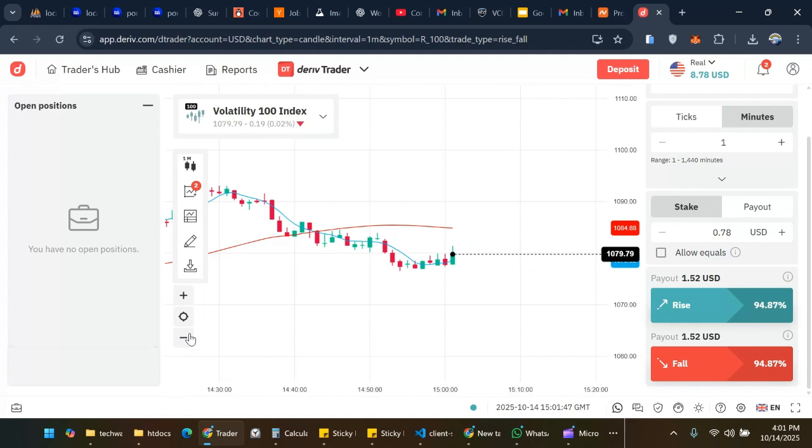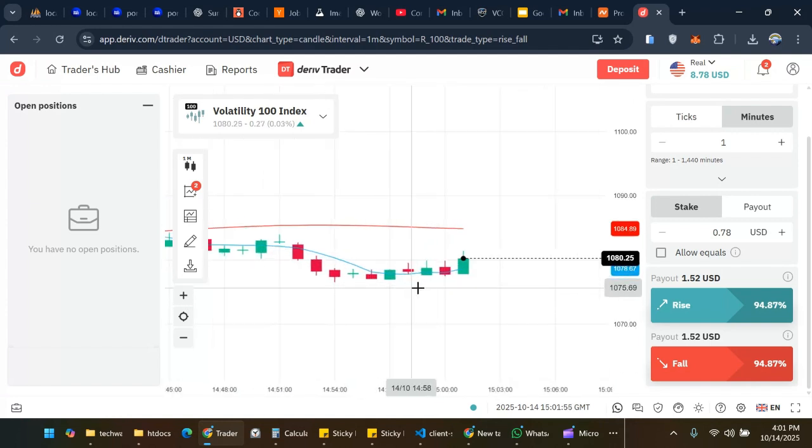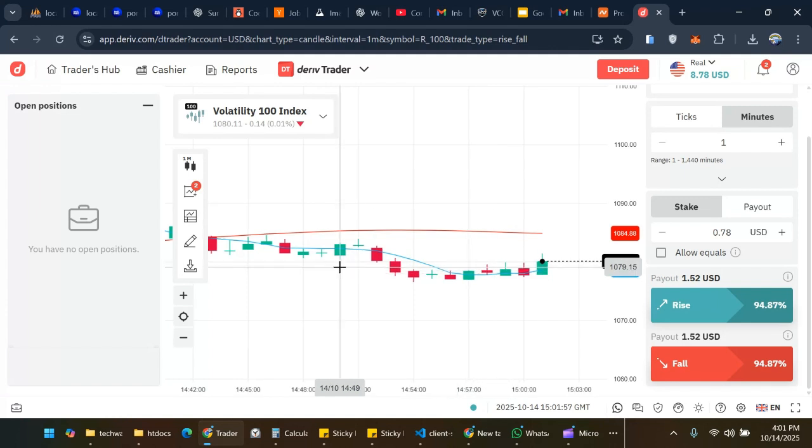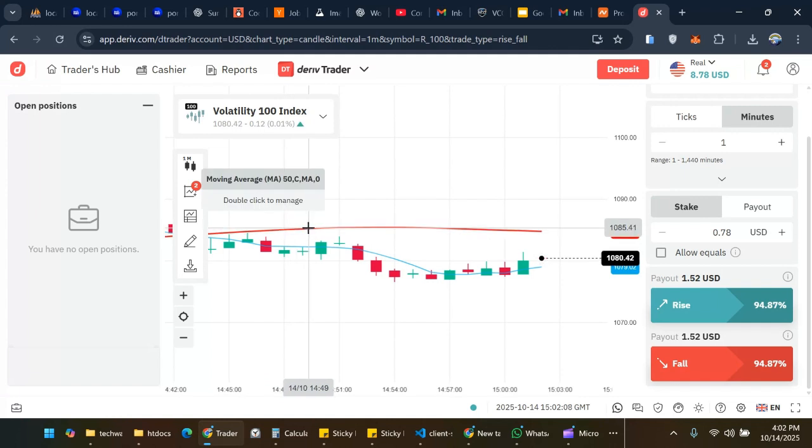So what I'm giving you now is a gold mine. What we will be waiting for here now is another exact rejection. And I want you to understand that candle that rejected, we are in the downtrend. So the candle that rejected exactly at that 5 minute candle must be the opposite candle to what your trend is saying.